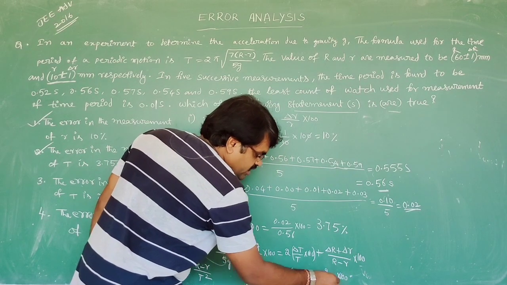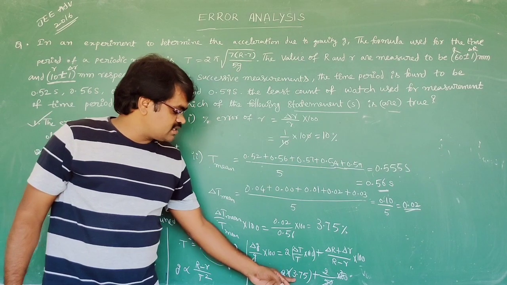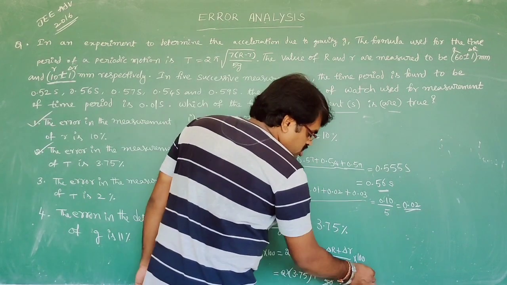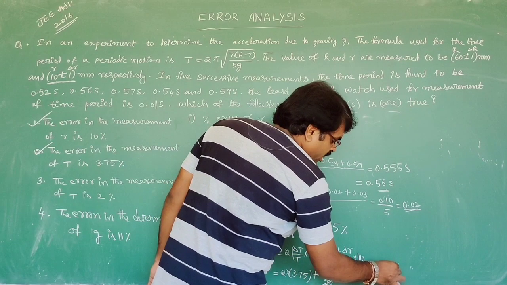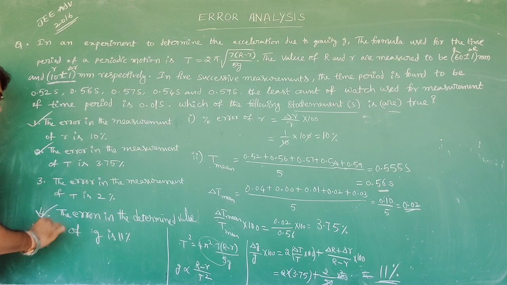The 100 cancels 2 by 50 to give 4. Adding, this is almost 7, approximately equal to 11%. That's why the fourth option is correct.